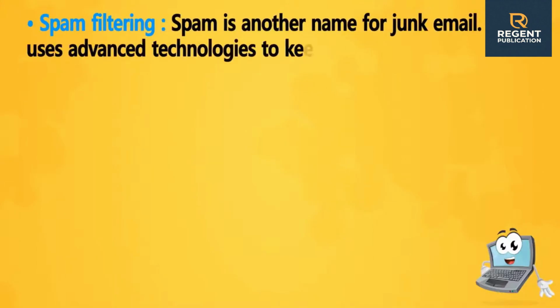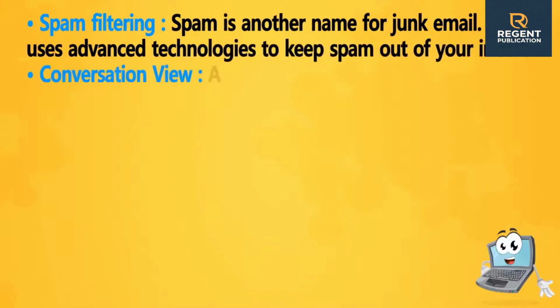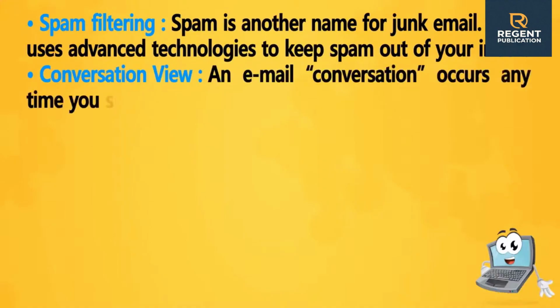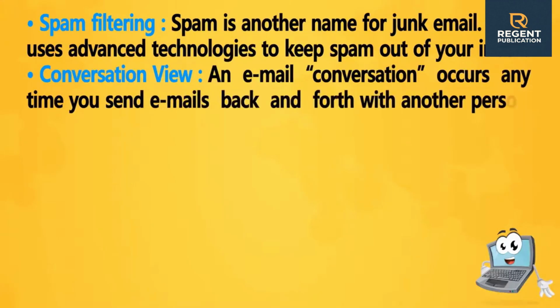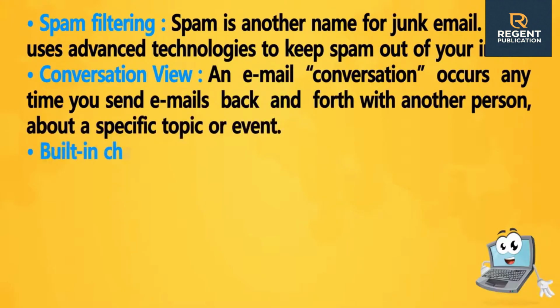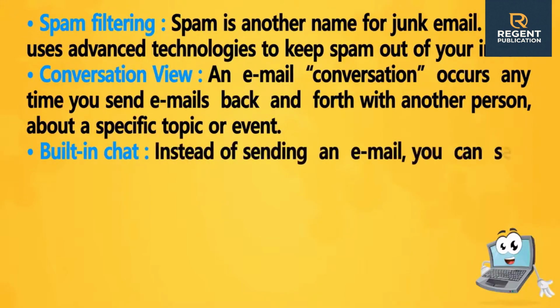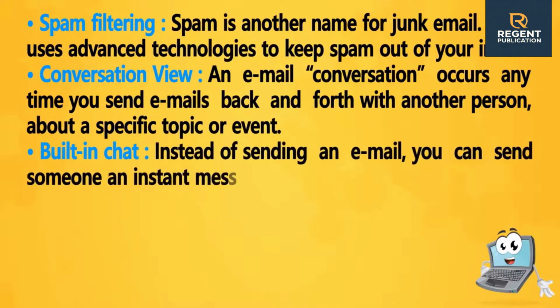Gmail uses advanced technologies to keep spam out of your inbox. Conversation view. An email conversation occurs anytime you send emails back and forth with another person about a specific topic or event.